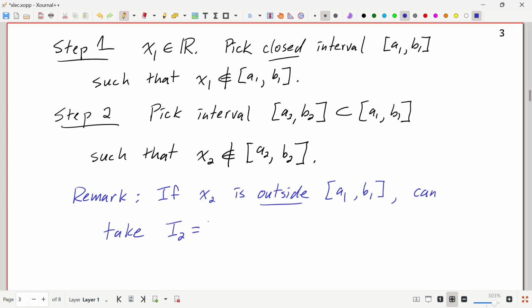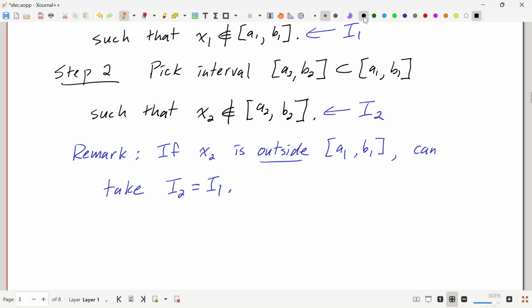I2 to be the same as I1. So this one is I1, this one's I2, etc. Okay, and of course I can keep doing this. I think, etc.